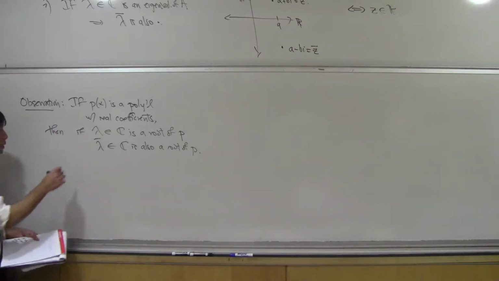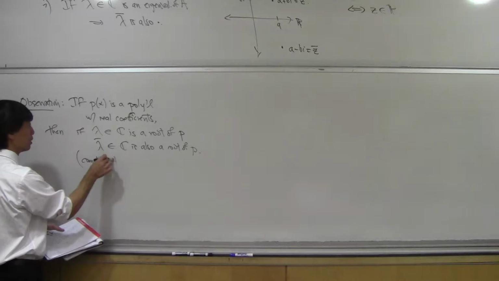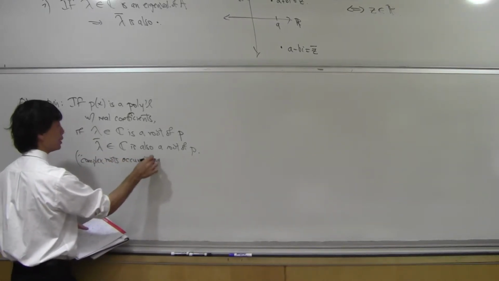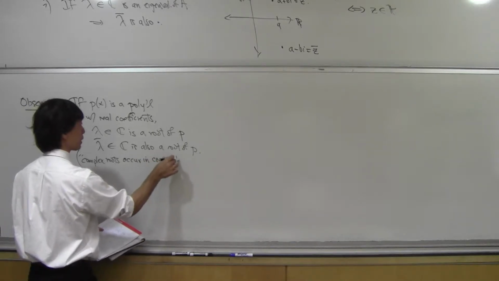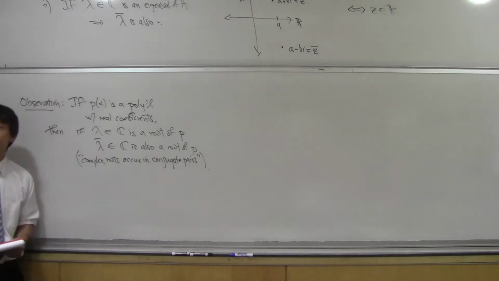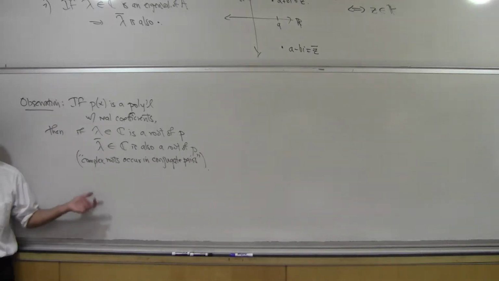In other words, complex roots occur in conjugate pairs. Whenever you have one complex root, its complex conjugate will also be a root.